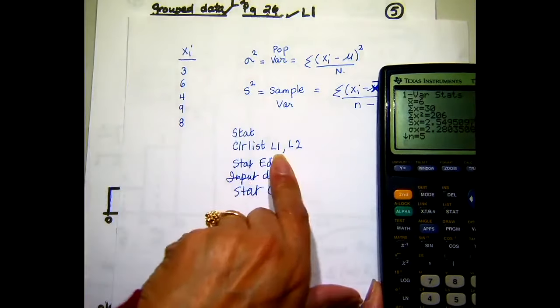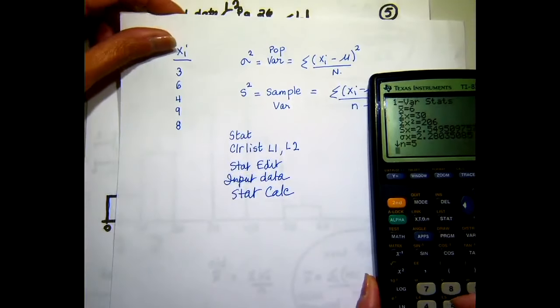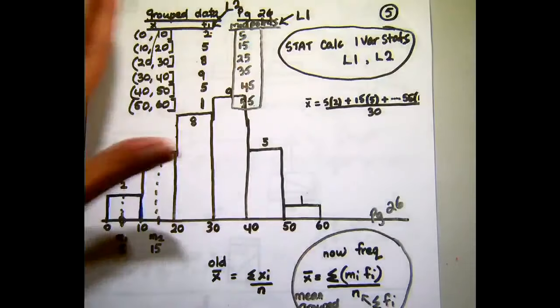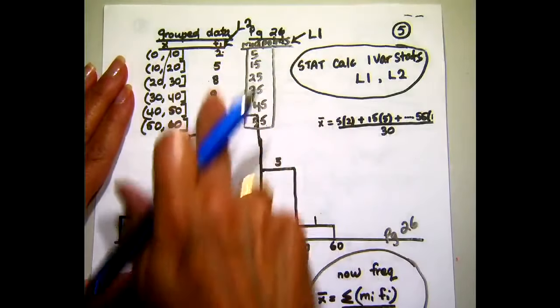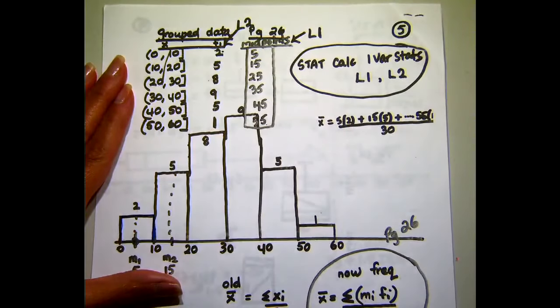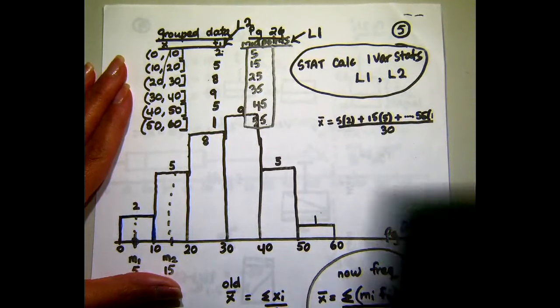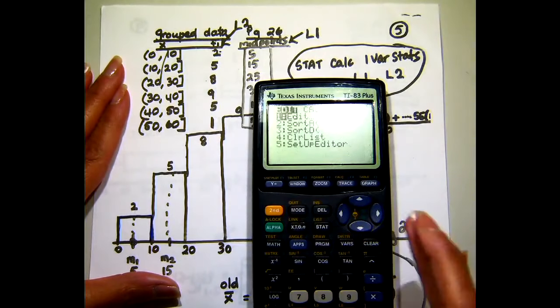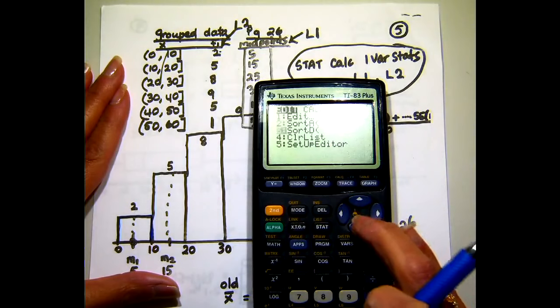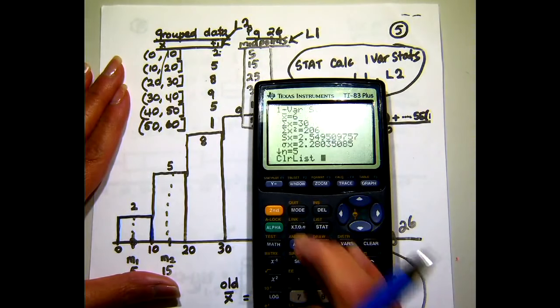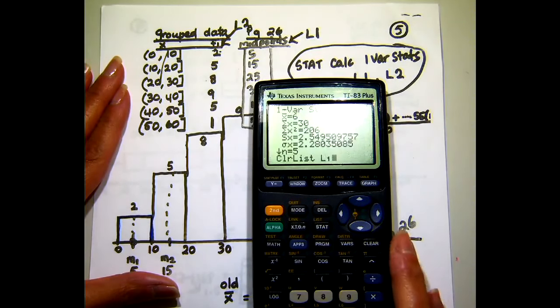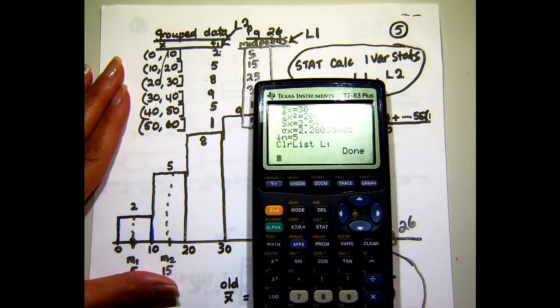Oh, this? Okay. So now let me do it for my data set. This is my data. Here are the midpoints, and here is the frequency column. So let me clear my list L1 again. Stat, clear list, L1, because my L1 has other data in it. Hit enter. It says done.